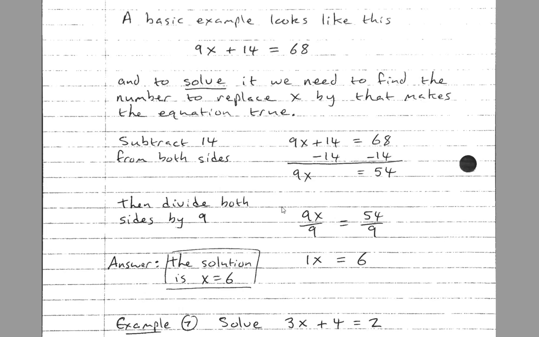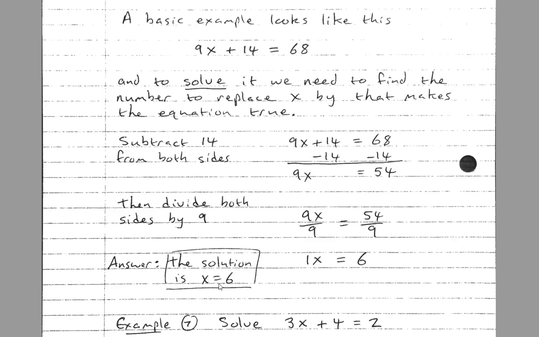The second step, we have 9 times x, so we want to do the opposite, so divide both sides by 9 to get 1x. Dividing here by 9 and dividing on the right by 9. So 1x is equal to 6.